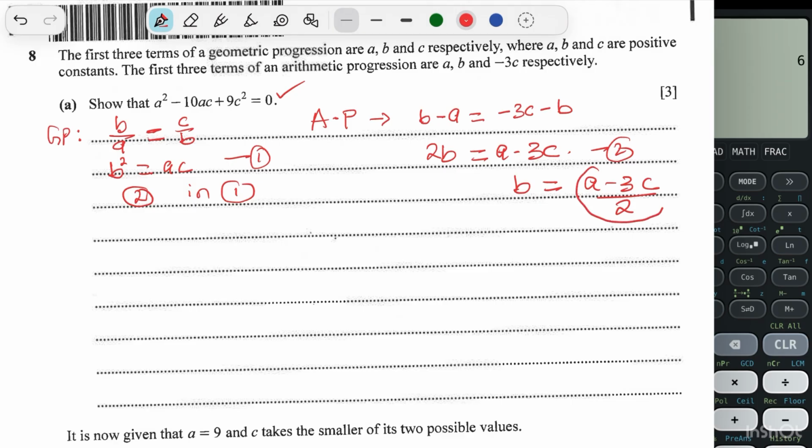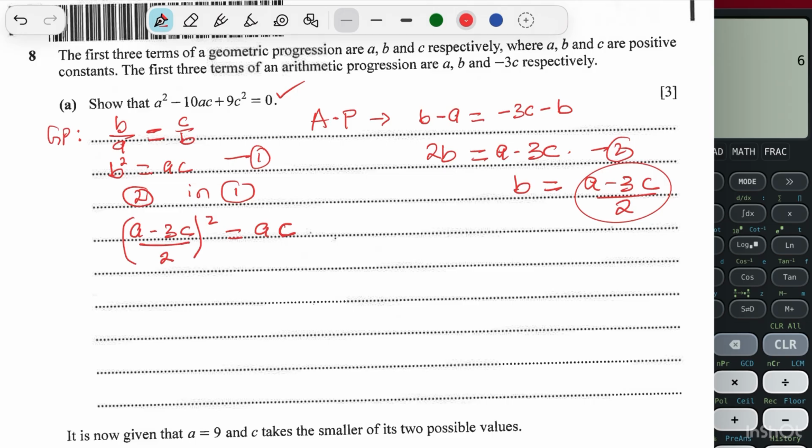So I take this and substitute there: a minus 3c over 2. Again, there are easier methods. You can find an easy method; it's just to prove this, so I'm just making it easier. You are eliminating b, and any method you want to use to eliminate b is completely fine.